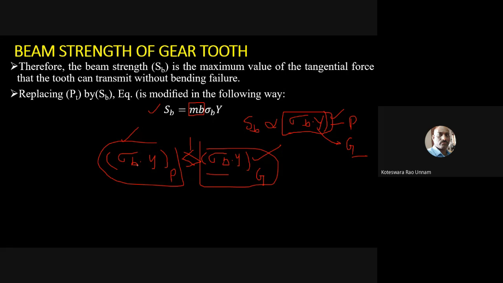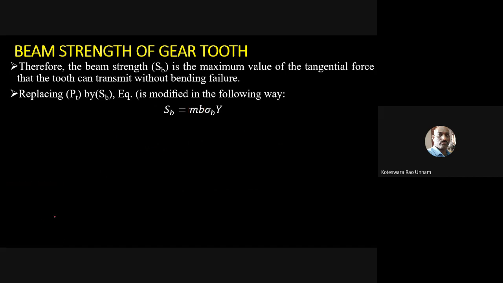If both gear and pinion are made of the same material, obviously the pinion is going to be the weaker one, so the design is based on only the pinion. If the pinion and gear are made of two different materials, then you need to calculate sigma_B into Y for both pinion and gear.